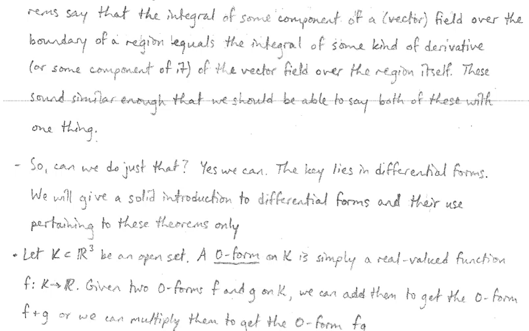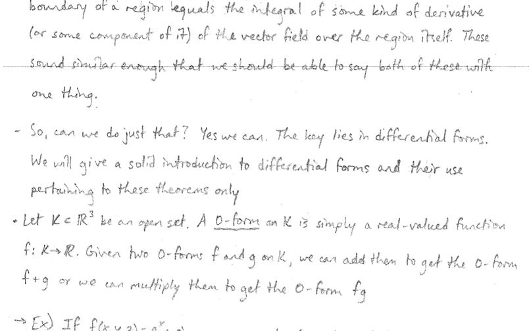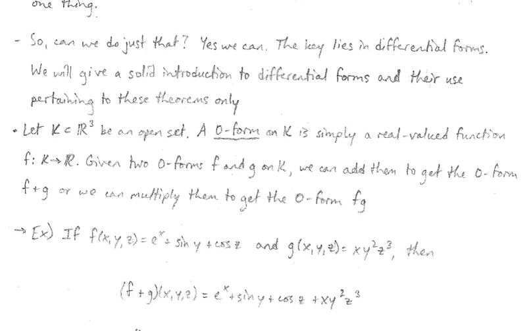Typically, that's what we are going to see, but it could be just a function of x, a function of x and y, or a function of x, y, and z. So if we have two differential zero forms, f and g, on this set K, we can add them to get the zero form f plus g, or we can multiply them to get the zero form f times g.